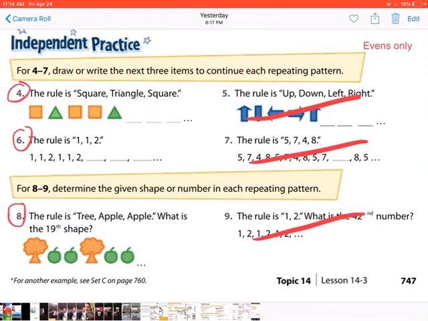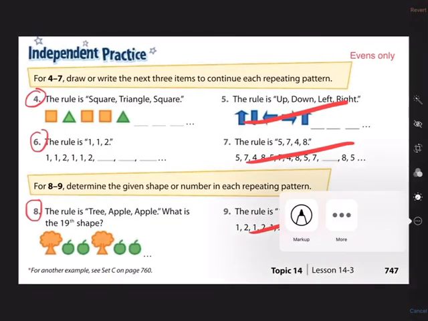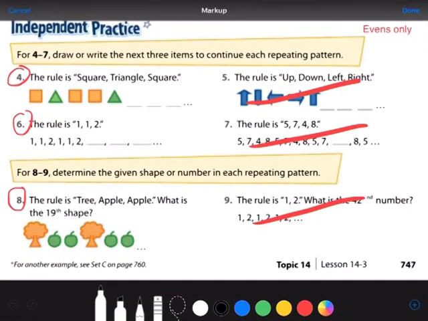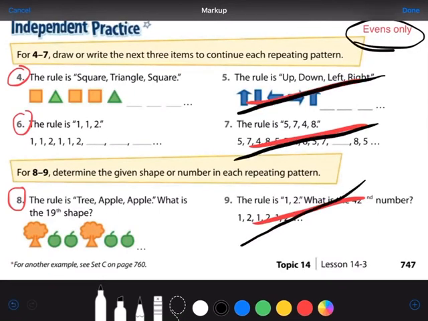Today for independent practice, you are going to be doing the evens only, right? So you're going to want to go through there and mark out the ones you don't have to do. You don't have to do these odd ones. You're going to do 4, 6, and 8 on this page. You're going to continue those patterns. Those don't look too bad.